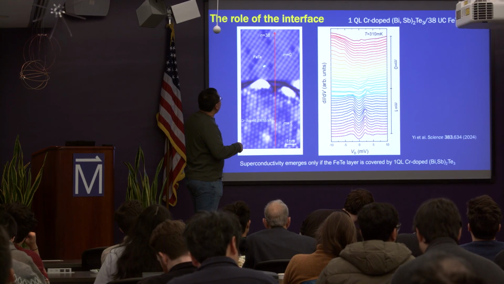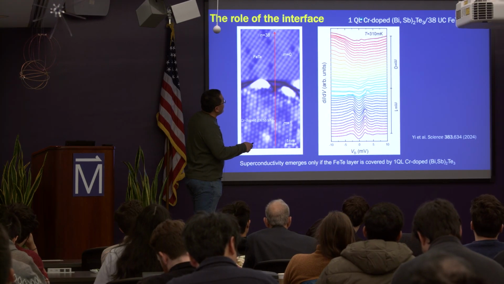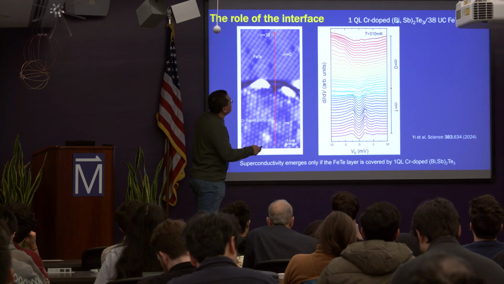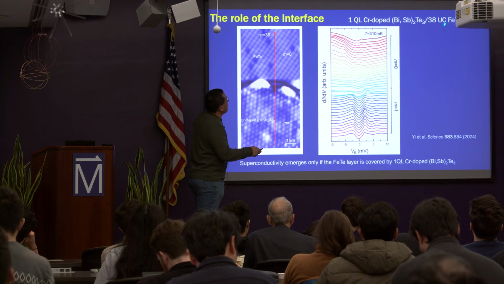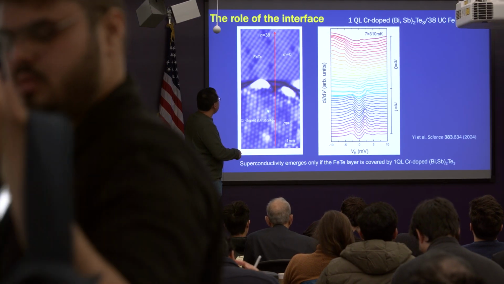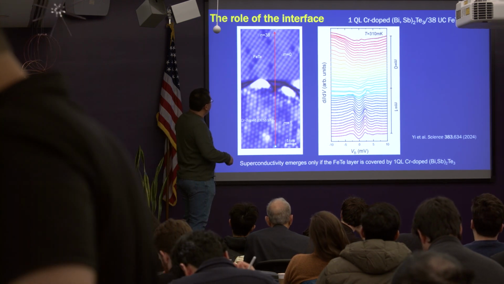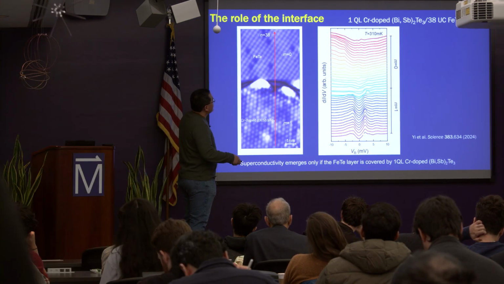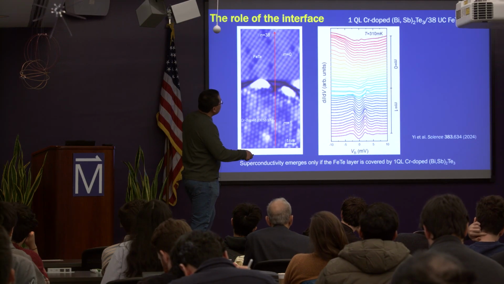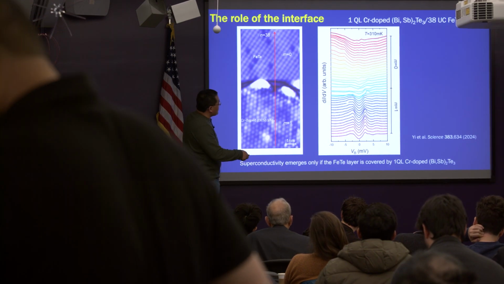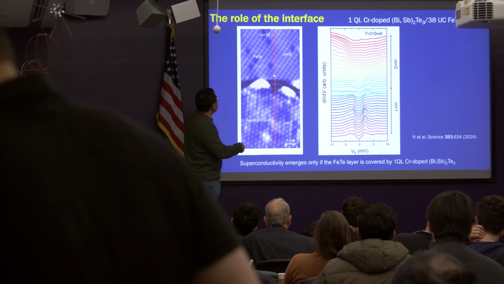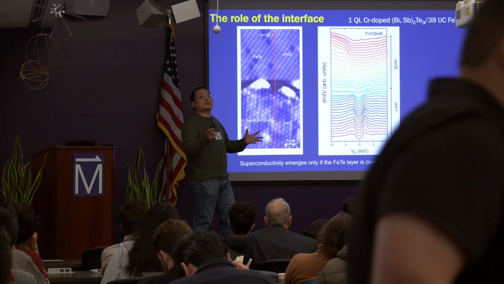So we grew a half layer, 0.5 quintuple layer, of chromium-doped bismuth antimony telluride on 38 unit cell iron telluride. Here is the half layer. This is still iron telluride. We take the STS measurement along this red arrow. We see that there is a superconducting gap here, and on the surface of iron telluride, there is no superconducting gap.